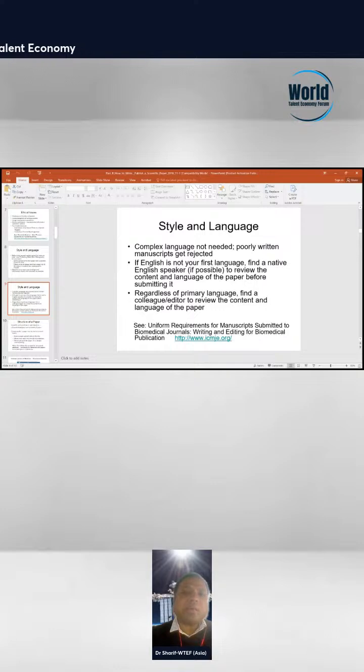Language and style are the major challenges for South Asia. Complex language is not needed; poorly written manuscripts get rejected. If English is not your first language, find a native English speaker to review the content and language of the paper before submitting. Regardless of primary language, find a colleague or editor to review the content and language of the paper.